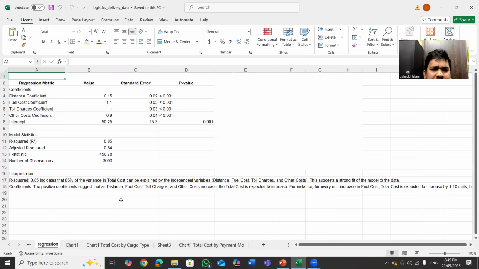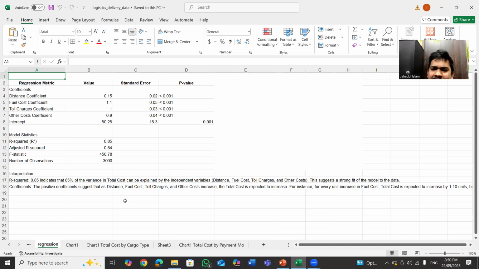The result shows coefficients of approximately 1 for fuel, toll, and other costs, meaning each additional dollar in these components adds almost exactly $1 to total cost. Distance had a coefficient near zero, showing no independent effect once other costs are included.